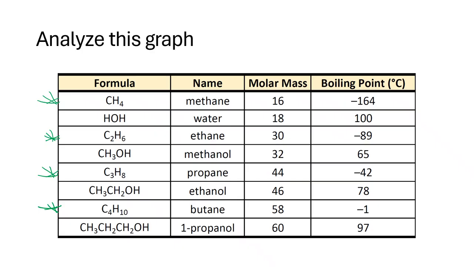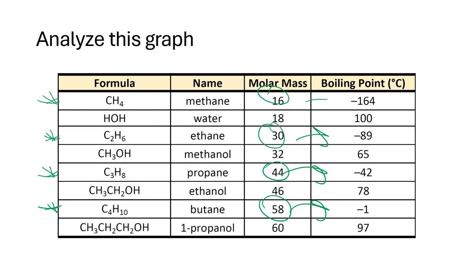Anyways, I put an asterisk next to all of the nonpolar compounds. And I'm going to give a graph similar to this, in fact, maybe the same. I have an asterisk next to the nonpolar ones. Notice how they have very low boiling points, and as we go up in mass, the boiling point goes up.